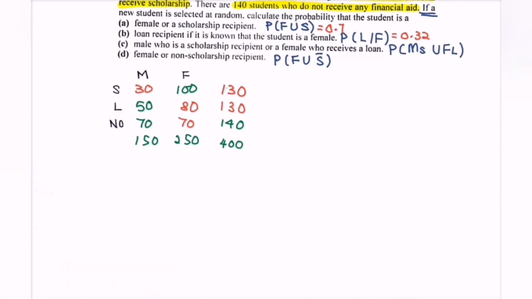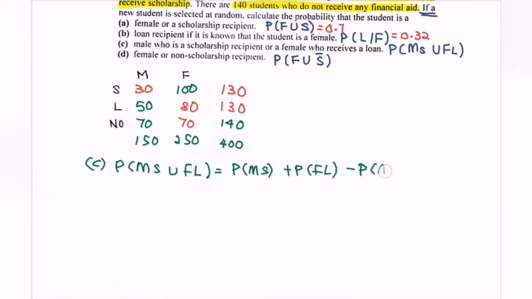Next, we have the C. Find the probability that male with the scholarship union female with the loan, which is equal to the probability for male scholarship plus the probability for female loan minus the probability for male scholarship intersect with the female loan. For this case, this is impossible because it is mutually exclusive.